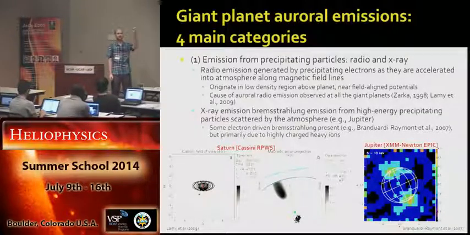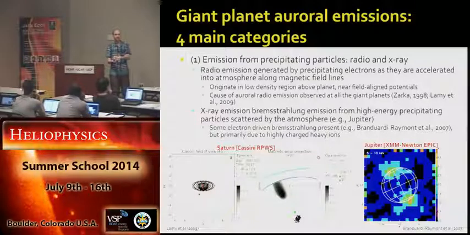So these ions come in with a high ionization, and eventually, as they recombine, they can give off an X-ray in the atmosphere. So bremsstrahlung is not too dissimilar from a cyclotron emission, except what's happening here is the electron, say, is decelerated by collisions, maybe Coulomb collisions, and that loss of kinetic energy gives you the corresponding emission.